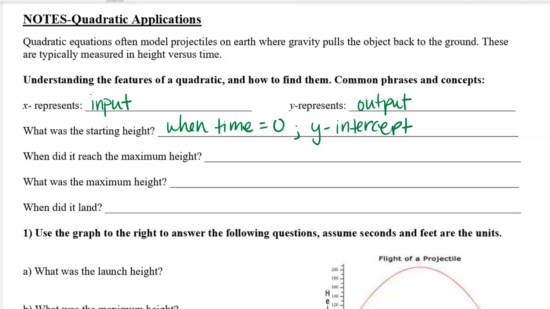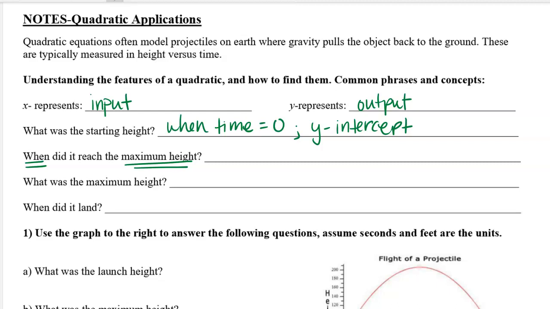When did it reach the maximum height? Ooh, good question. What do you think this is asking us to find? The vertex. Which part of the vertex? You are correct. When means time or height? Time. Time is input or output? Input. So which part of the vertex?